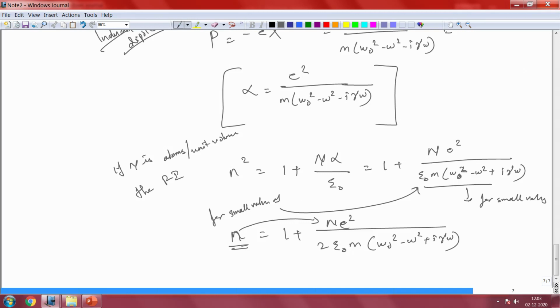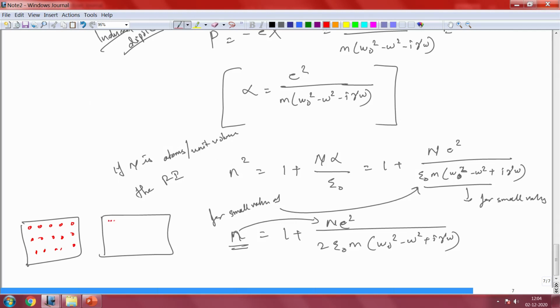So what that means is, when there are more atoms per unit volume, I take two material systems, where the atoms are sparsely situated, so there is a lot of distance between them. That means the number density n is very low.